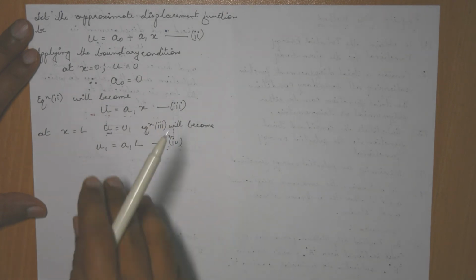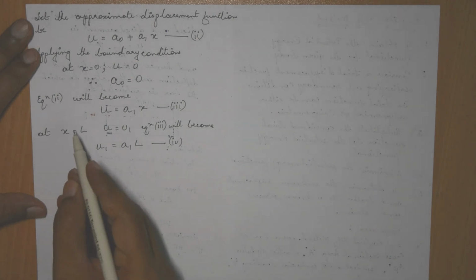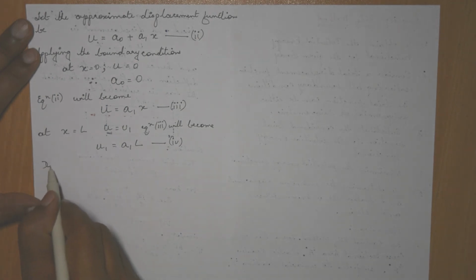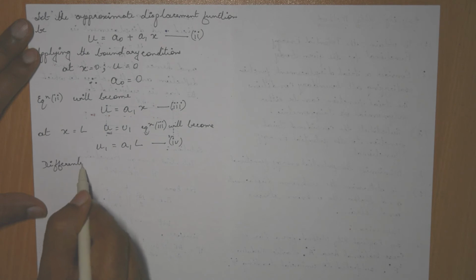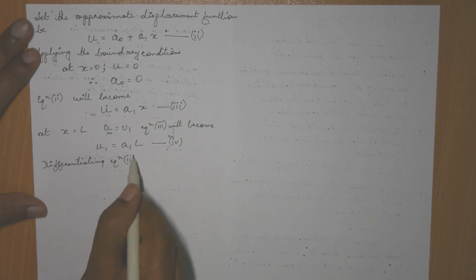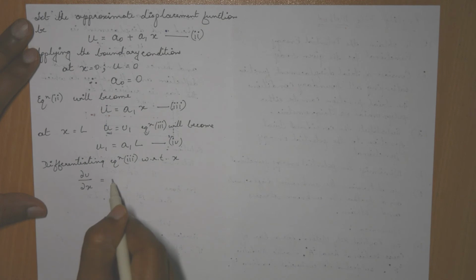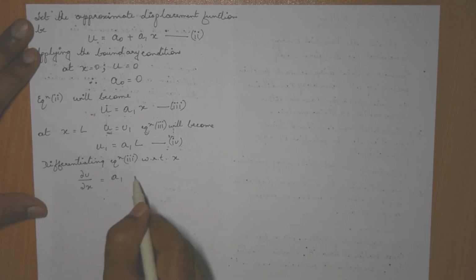When we want to substitute into the potential energy functional, we need to find U1 and dou U by dou x. So differentiating equation 3, which contains U, with respect to x, dou U by dou x will be equal to A1. Let me call this equation 5.